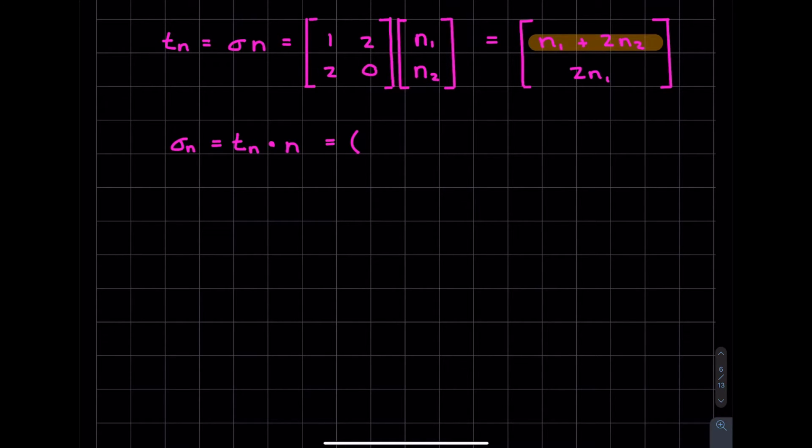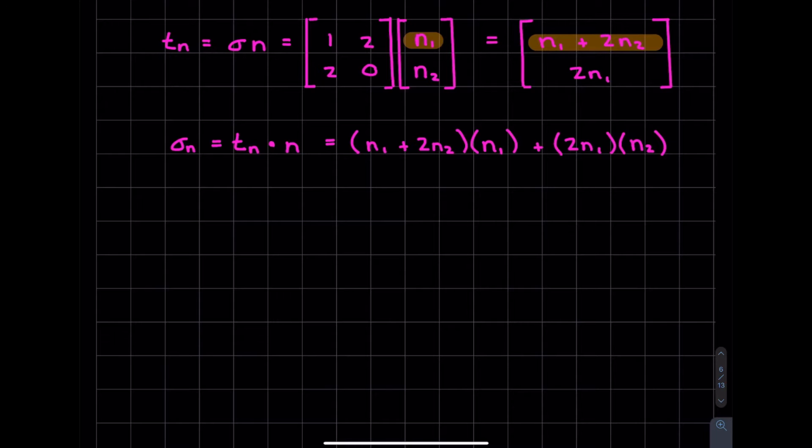All I have to do is copy it, and I'm still making a mistake. n1 plus 2n2 multiplied by the first component of my normal vector, which is n1. And then I add the two second components. The second component of my traction vector is 2n1, and finally, the second component of my normal vector is n2.